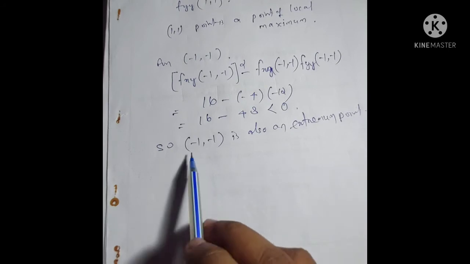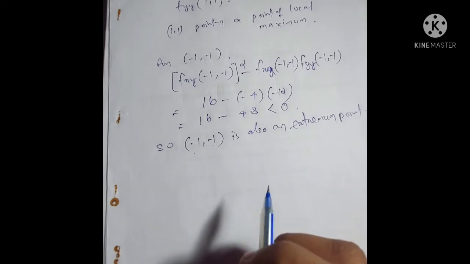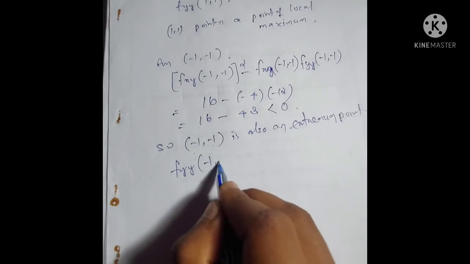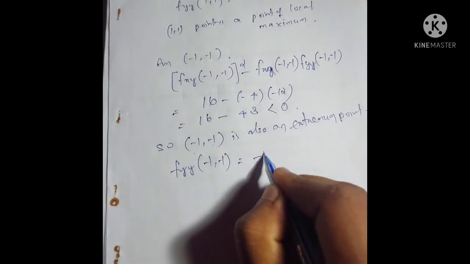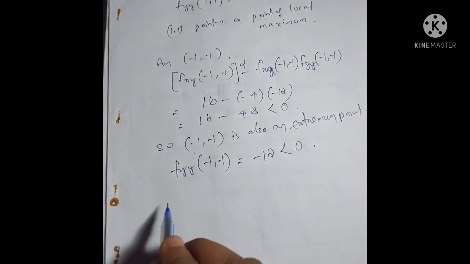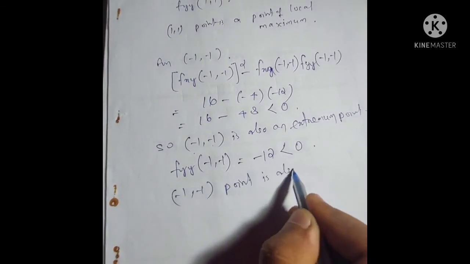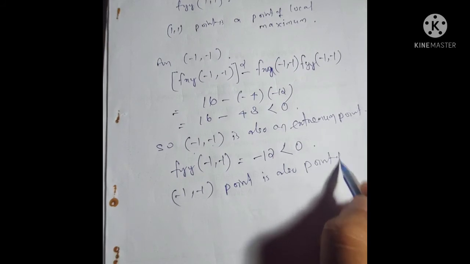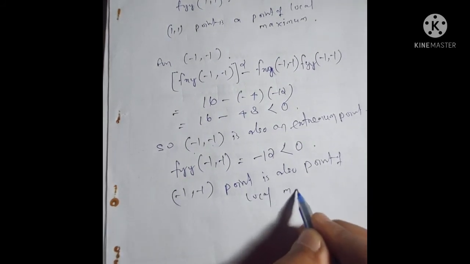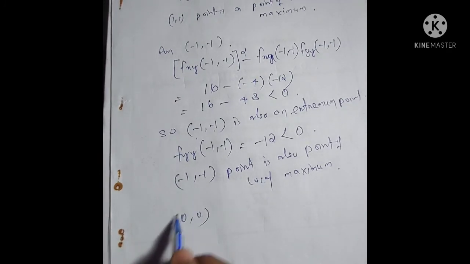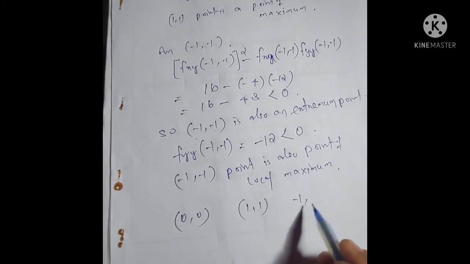Now we have to check whether it is a point of local maximum or local minimum. Now fyy at minus 1 is equal to minus 12, which is less than 0. So, the point (minus 1, minus 1) is also a point of local maximum.